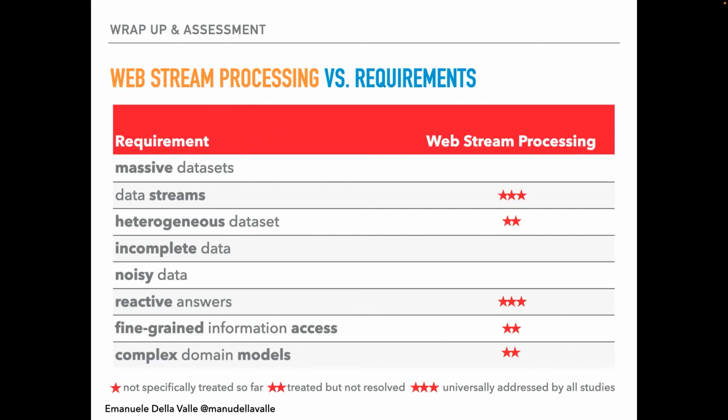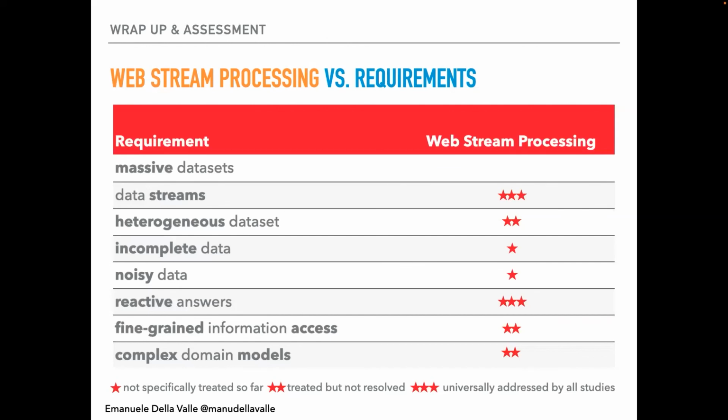The fact that we are able to integrate heterogeneous datasets, providing fine-grained information access in the presence of complex domains. To me, there is more to explore. Maybe sacrificing the expressivity of the models, maybe sacrificing the level of heterogeneity, who knows, right? But definitely there is a space here to do more research.